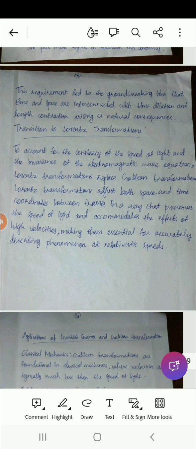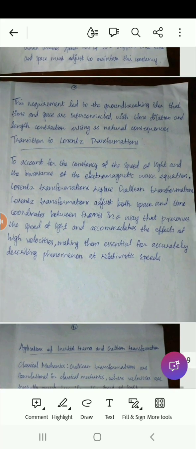So this led to an idea that time and space are actually interconnected, and there are some interesting phenomena like time dilation and length contraction arising as the consequence of this.